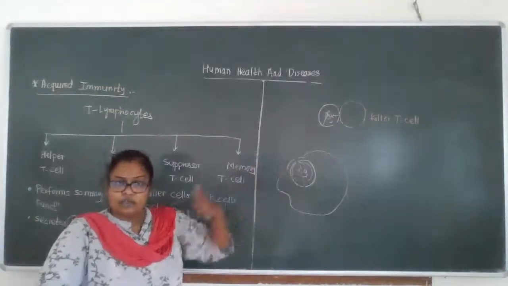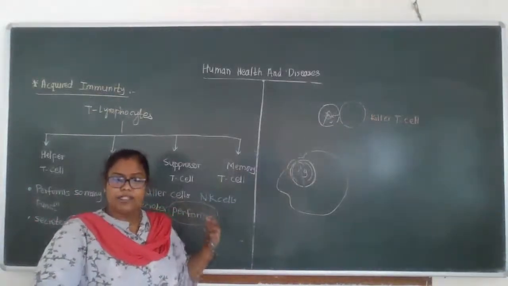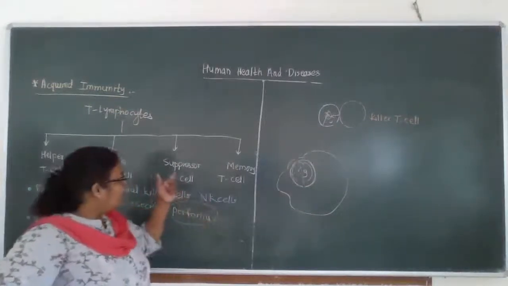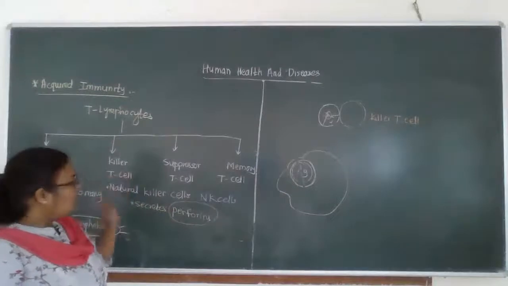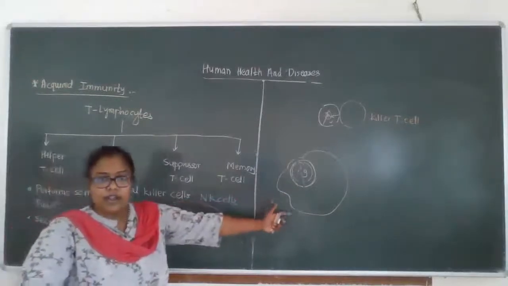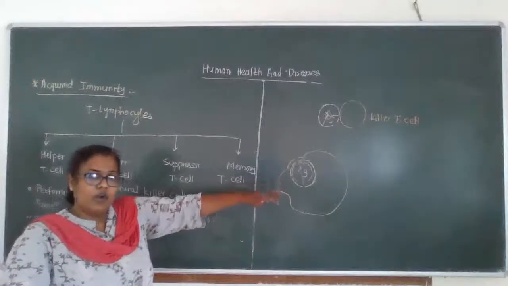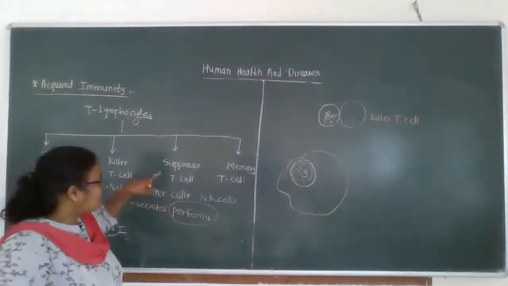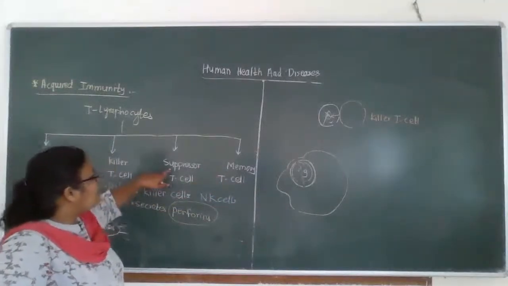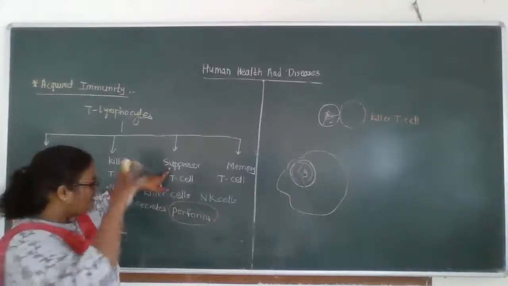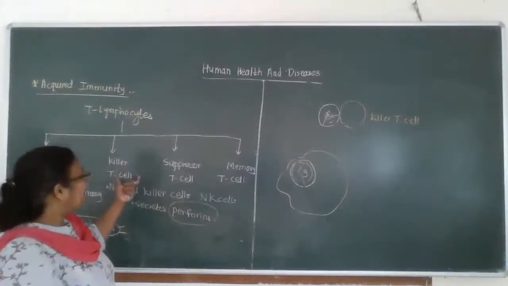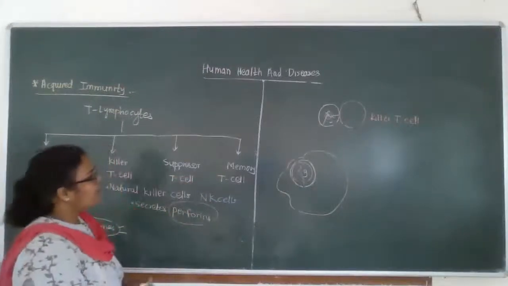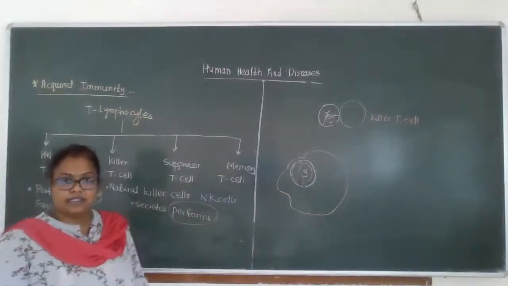The suppressor T cells nullify the effect of killer cells on our own cells. This is about the suppressor T cell. As the name says, it suppresses the immune response shown by the killer T cells, and thus it protects our own cells. Then the next one is the memory T cells.